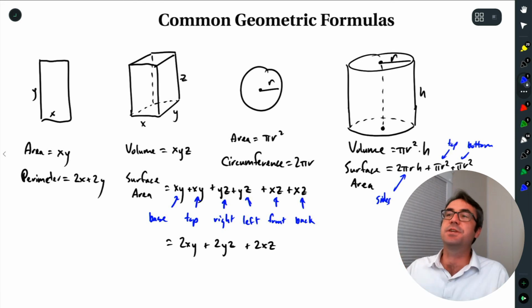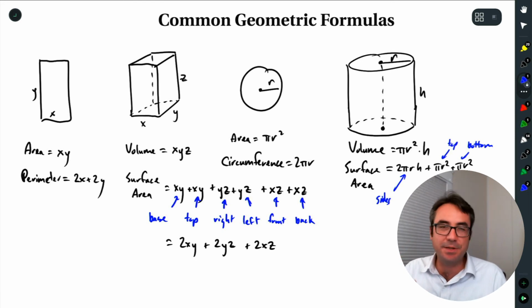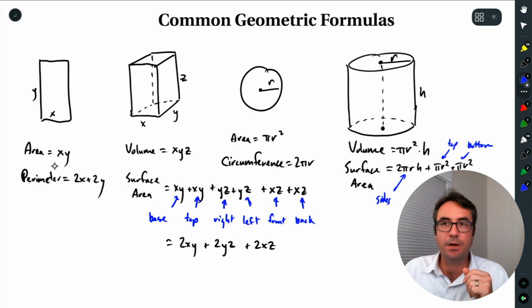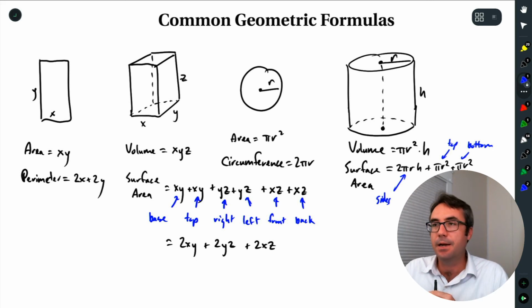All right, so these are just some of the common geometric formulas, but there's others out there, like spheres and things like that. You just want to be aware that these are pretty common geometric shapes, with common formulas that go along with them, generally some variation of area, perimeter, volume, or surface area.